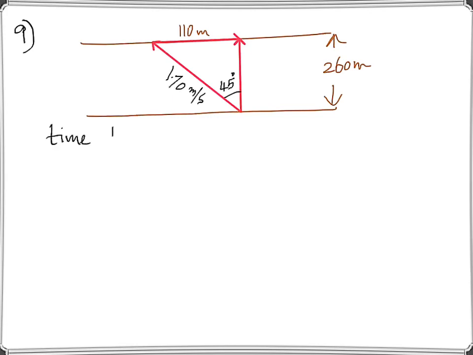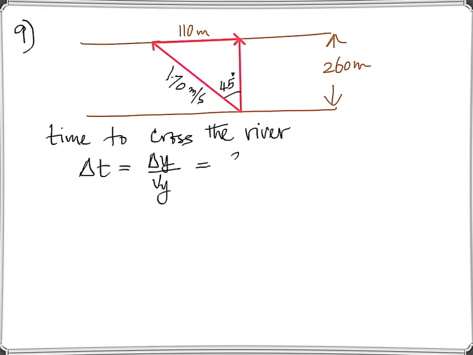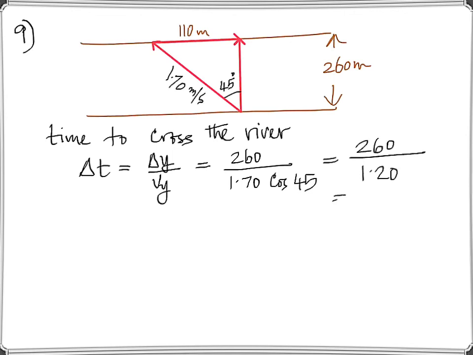In this case, we could find the time to cross the river by using the vertical displacement by the vertical velocity, which is 260 divided by 1.70 cos 45. Just 216.7.